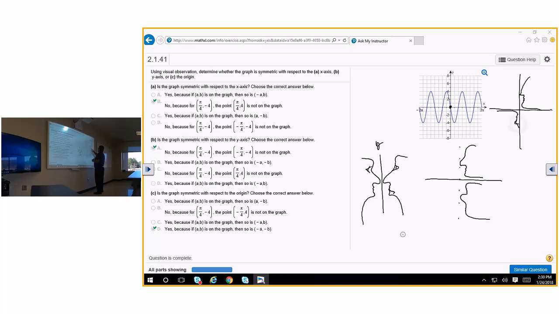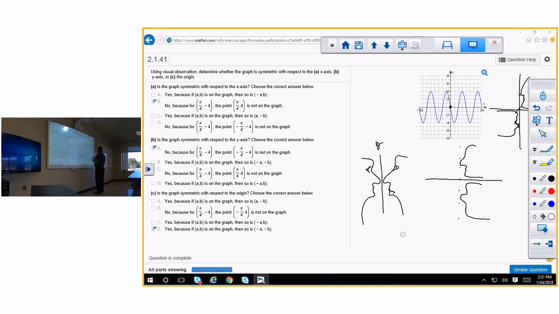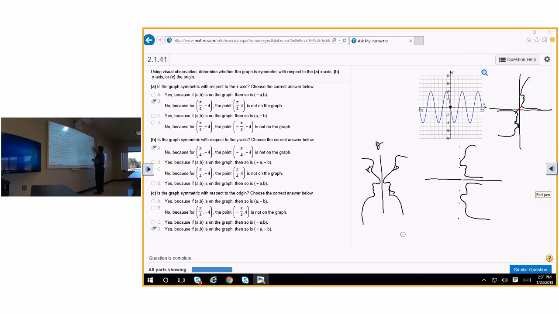The nose would be like that, and then like that. Think of it as a mirror, and think of it as a reflection. The reflection is here. The reflection is here. The reflection is here. So this would be reflection around the y-axis. This would be reflection around the x-axis. And this would be reflection around the origin.